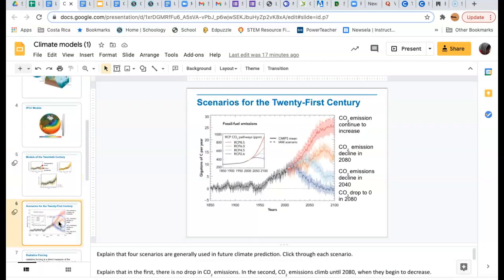Okay, with all that in mind, what are the predictions? So this is the IPCC model prediction, and they predict 4 different scenarios. So let me walk you through. As soon as you look at a graph, the first thing that you should look at is the title and then the axis. So the title says scenarios for 21st century. Here is gigatons of carbon per year.